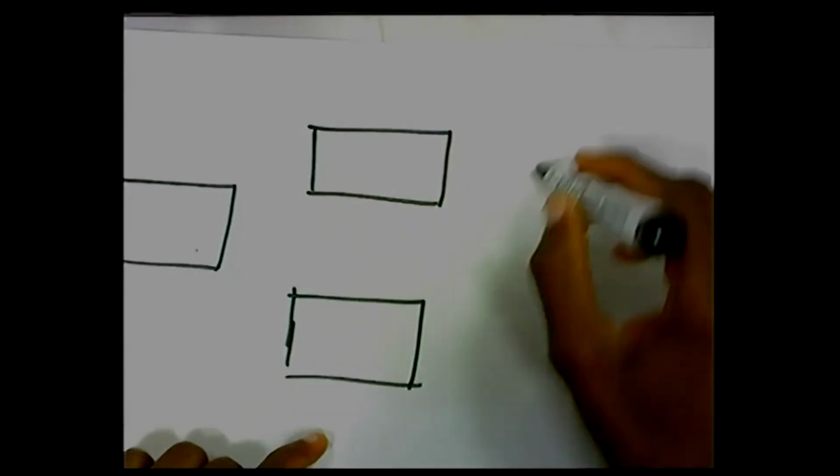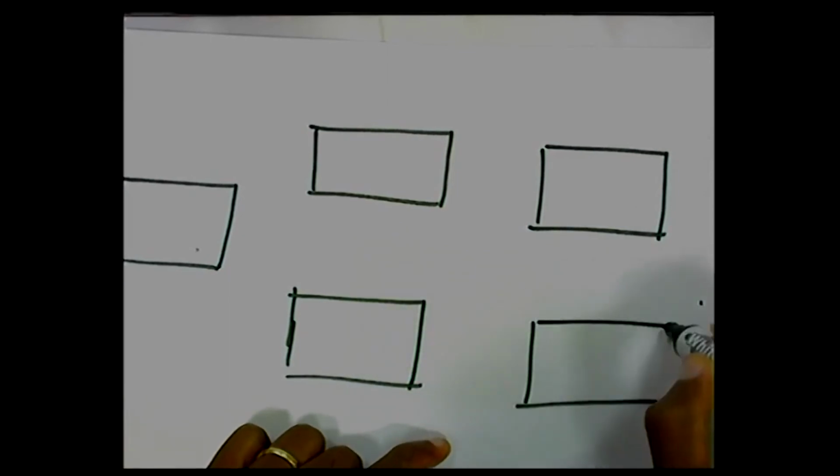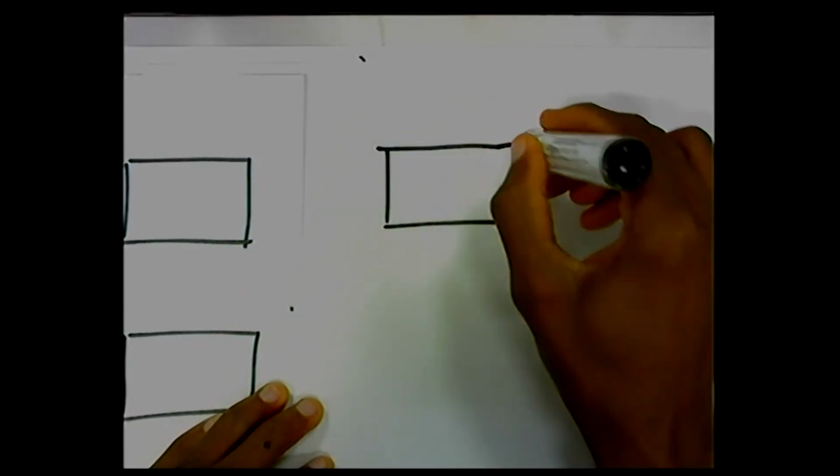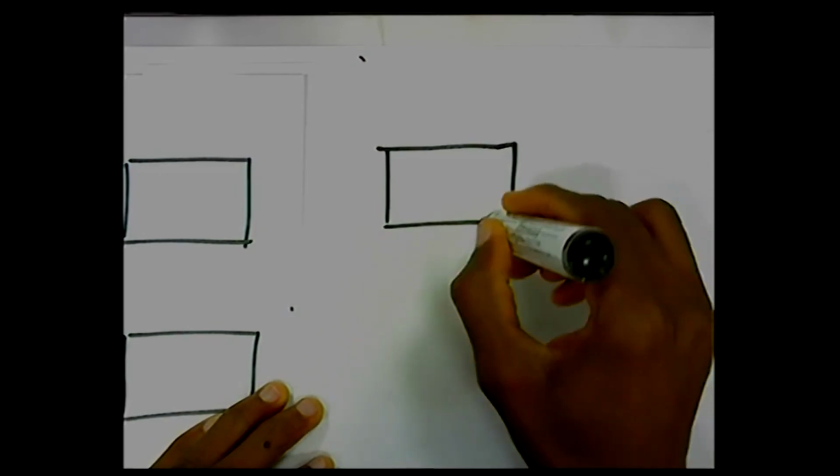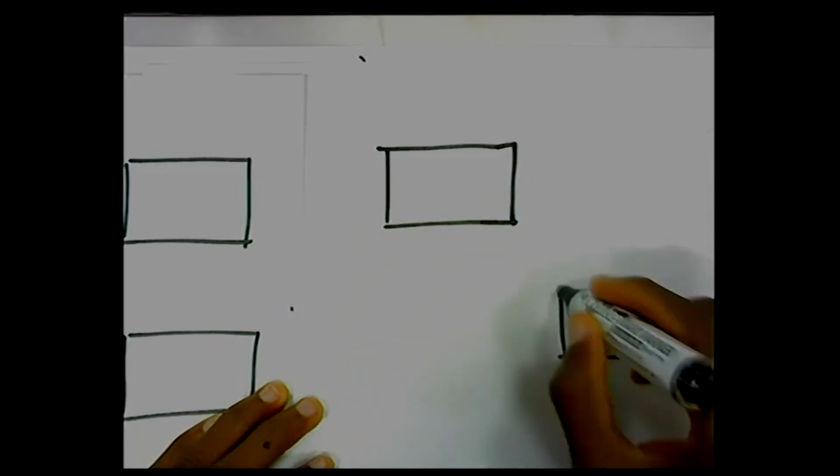Okay, so this is my E. So if that's E, that's going to be D. Then we're going to do a little invention here, so it continues from here like this. Then I will put my F here, and then I'll put my G here.